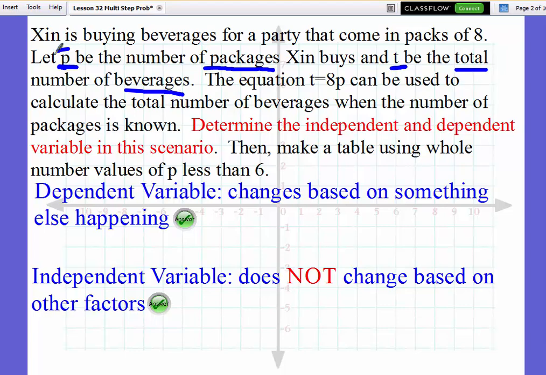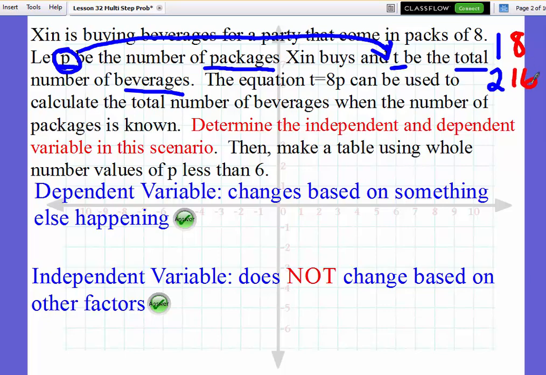Well, when I buy a package, P, I'm purchasing something, that's going to change my total number of beverages. If I purchase one package, I would have 8 beverages. If I purchase 2 packages, then my total number is 16.